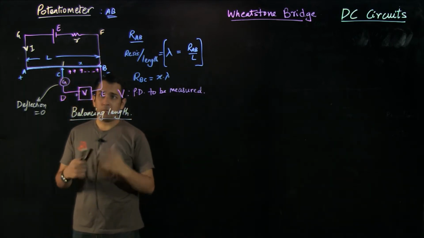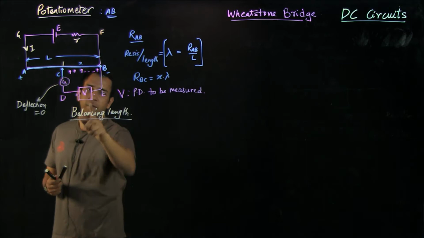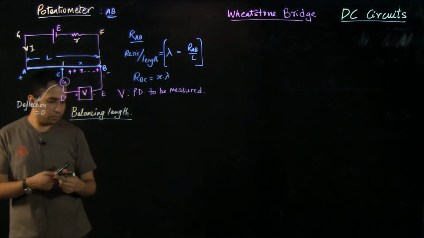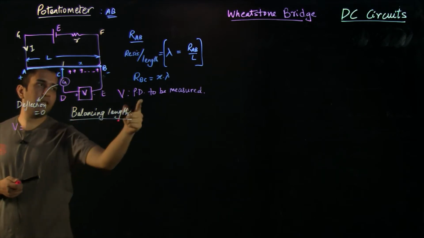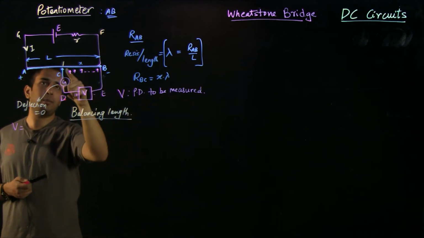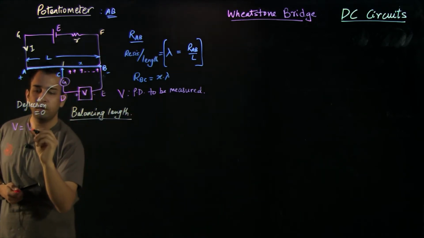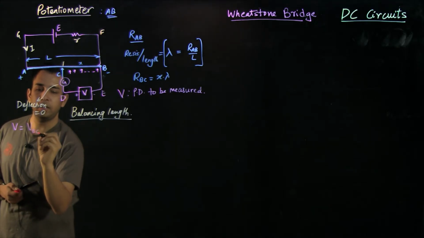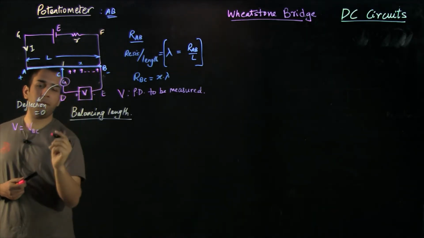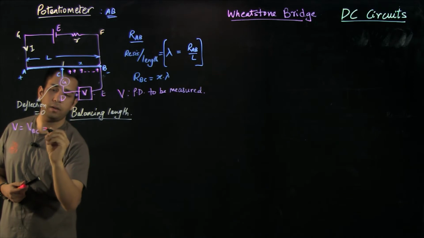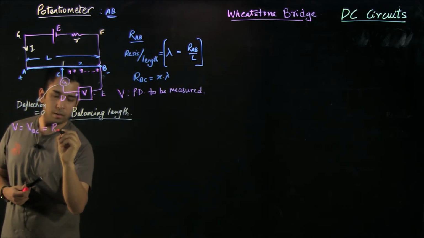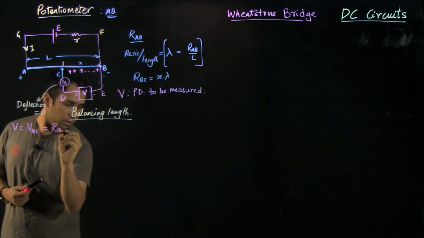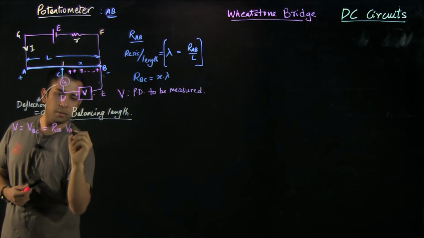So how can we find out this potential difference V then? Since the potential difference to be measured is exactly the potential difference across BC, VBC, it can be found out by RCB into VAB upon RAB.